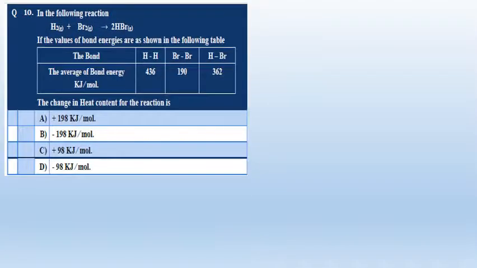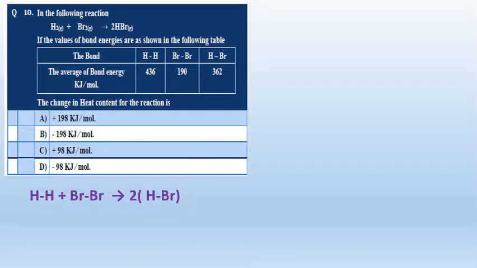Let's see the last question. The following reaction, a very important question, asks you about the average bond energy. The reaction is H2 plus Br2 produces 2 HBr. Here in the table I have the values of the bonds between H and H, between Br and Br, and between H and Br.